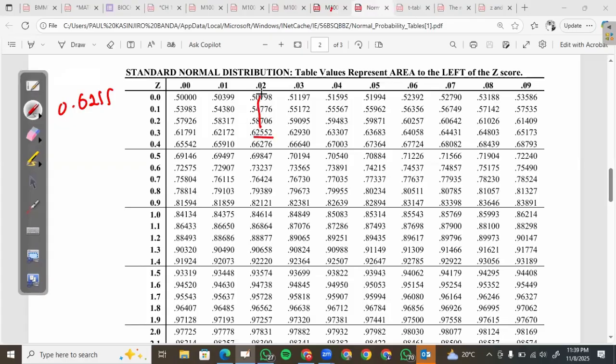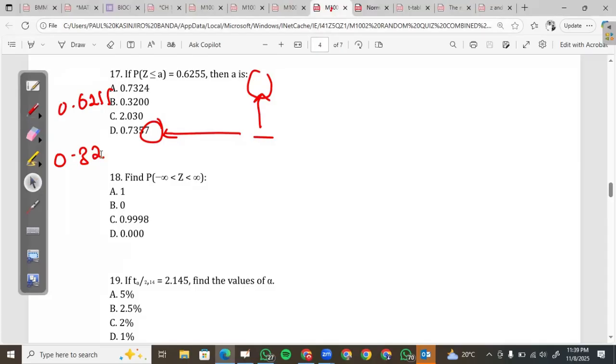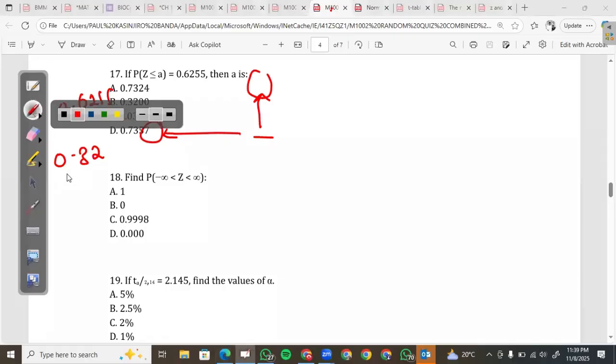So I'll go up, and then I'll go to the left. So what do I get? 0.3 plus 0.02. So that will be 0.32. So I'll go back now here and just select that. So this is the answer that I found, and it is the same as the option on B. So we pick B as the correct answer.